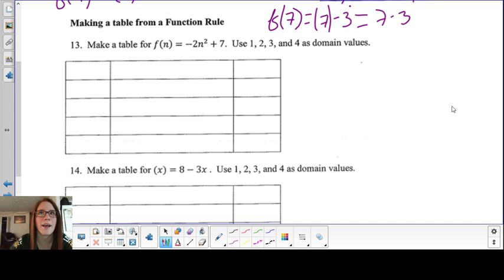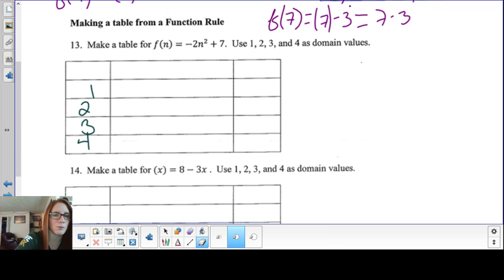Okay, so we're asked to make a function table for this function. I have 1, 2, 3, and 4. So 4 is my biggest, then 3, then 2, then 1. In all these first ones are going to be my value for typically x, but what's my variable in this case?